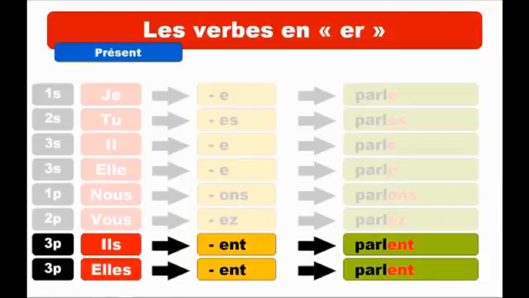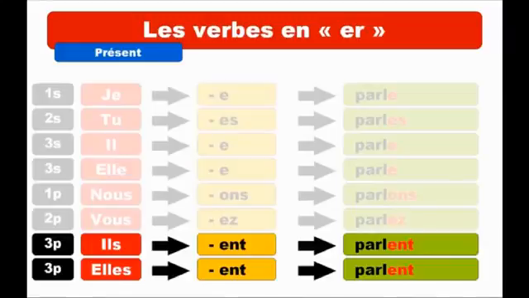Repeat. Ils parlent, elles parlent. So for je, tu, il, elle, and ils, elles, it's the same form you pronounce: parle. For nous, you will get parlons, and for vous, you will get parlez.